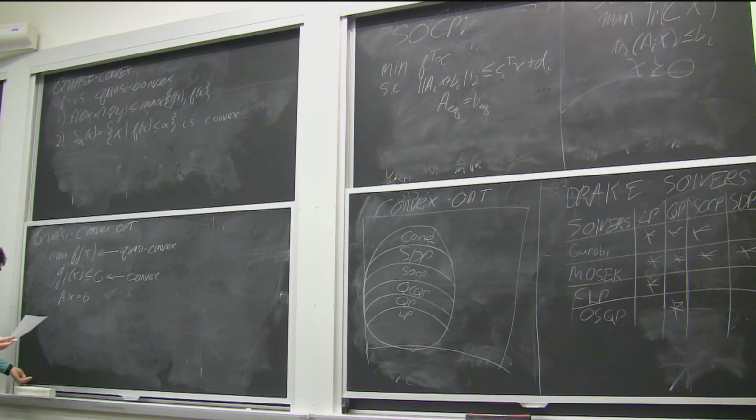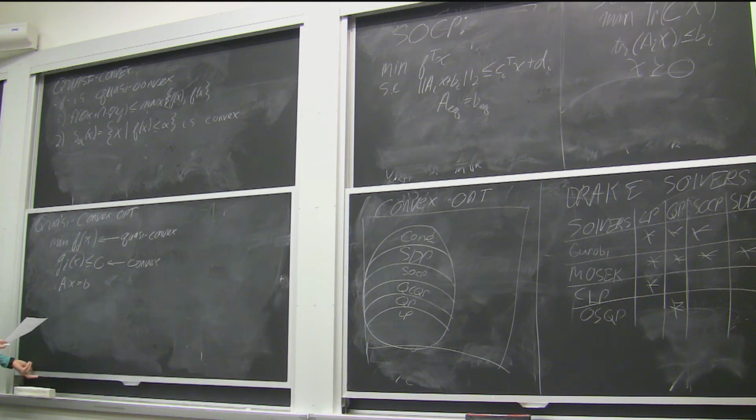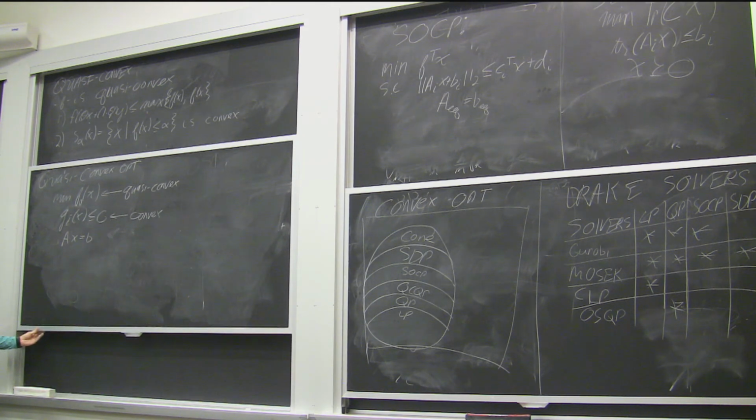You might wonder whether we can have quasi-convex constraints. Basically what you do is, if you have the constraint that f of x is less than or equal to t, this is quasi-convex.